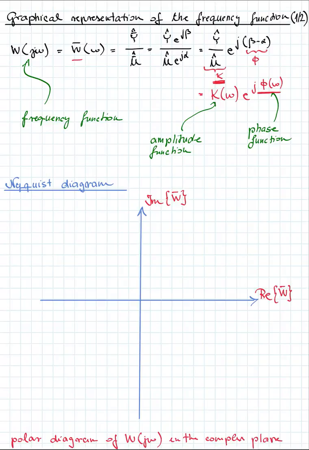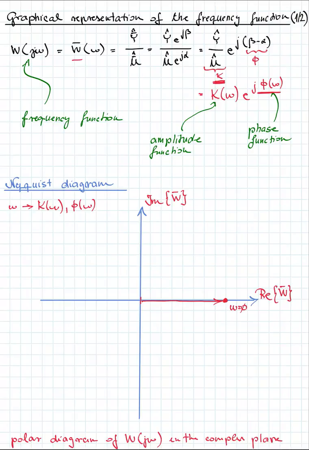From frequency to frequency, we are going to get k omega and phi omega. So every frequency we have got a value for the amplitude and we have got a value for the phase. For example, let's say omega equal to 0 and the phasor is going to point to here. This is omega equal to 0.